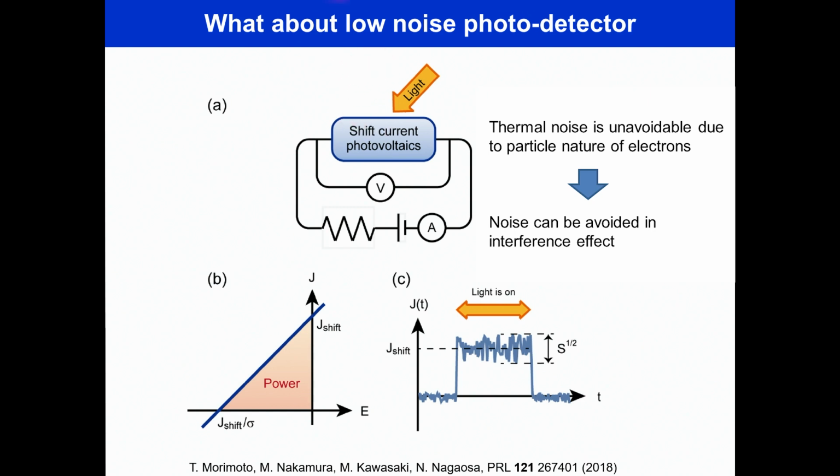In fact, when an electric current flows due to the interference effect of the waves, the particle properties of the electron disappear, and only the properties of the waves are left. So it is possible that there is no such thermal noise. This is a joint research with theorists, but theoretically, using a photodetector with such a shift current means that there is no noise and no thermal noise.